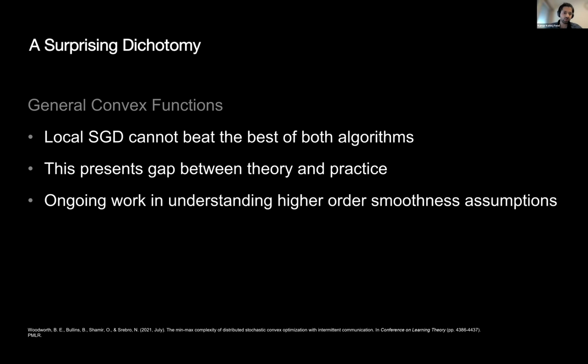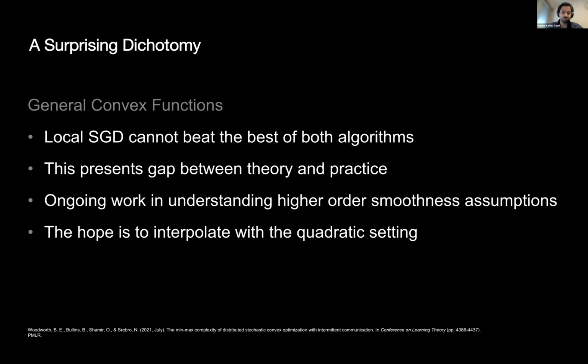And this is an ongoing direction of work, to try to understand if there are perhaps some higher order smoothness assumptions which can capture the effectiveness of local SGD. And why do we want to talk about higher order smoothness assumptions? Because I already showed you that for quadratic problems, local SGD is min-max optimal after acceleration. And quadratic problems are very smooth problems.